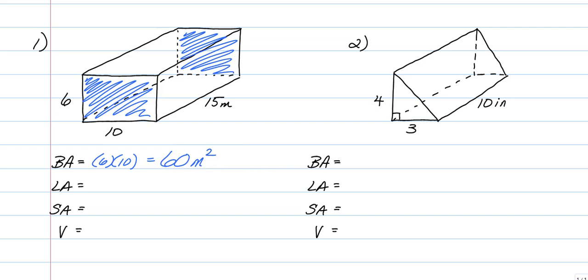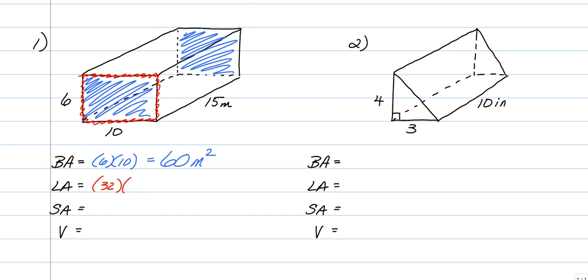Now, our lateral area. The lateral area formula is the perimeter of the base times the height of the prism. The perimeter of the rectangle we just used would be 6 plus 10 plus 6 plus 10, so a perimeter of 32, times the height of the actual prism.